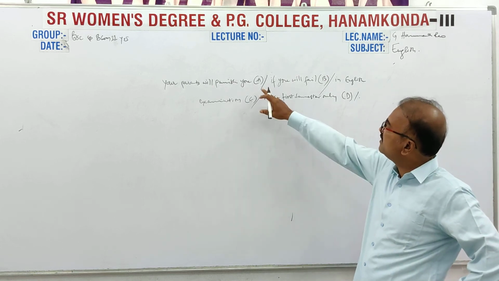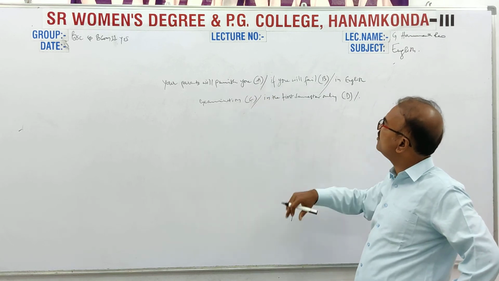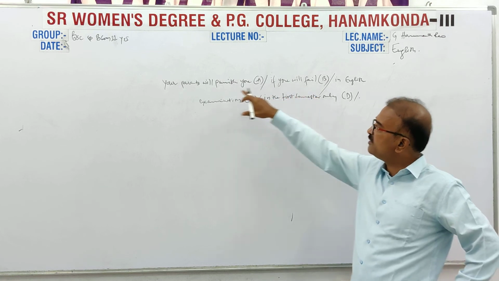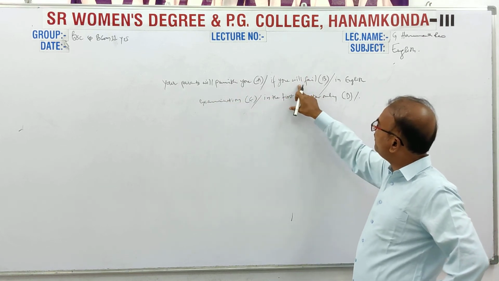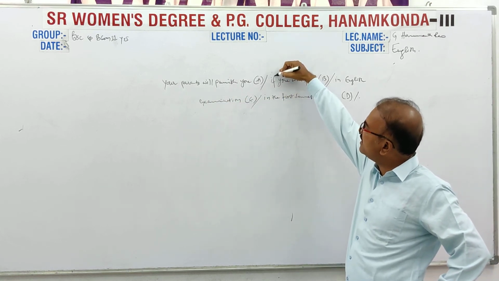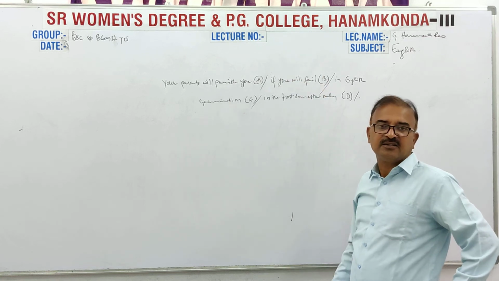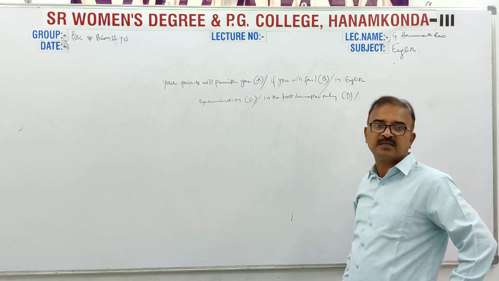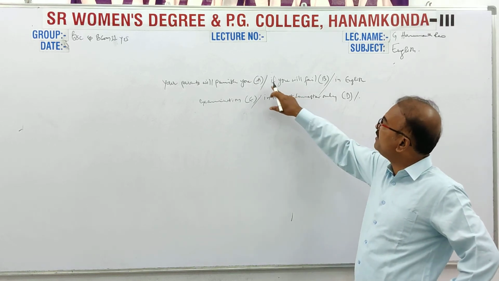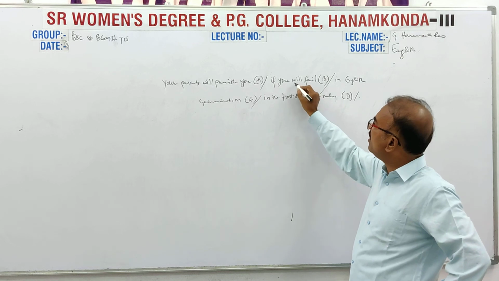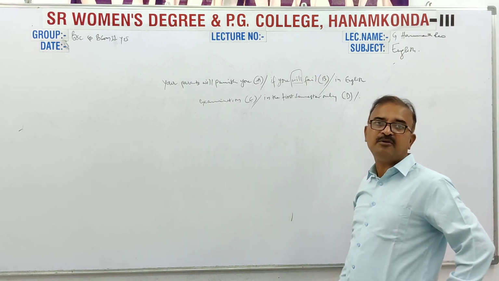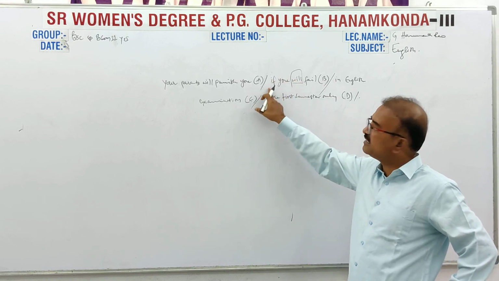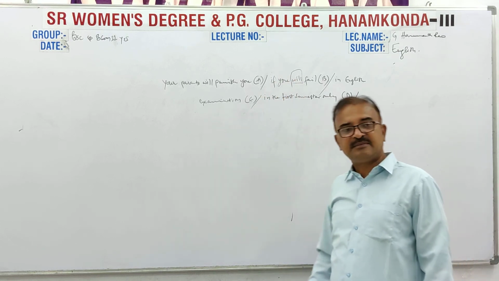So check this one, girls. Your parents will punish you. If you will fail: will punish, will fail. Here we have the conditional clause if. When you use if, it should not be followed by will. Using will after the if clause is a mistake.